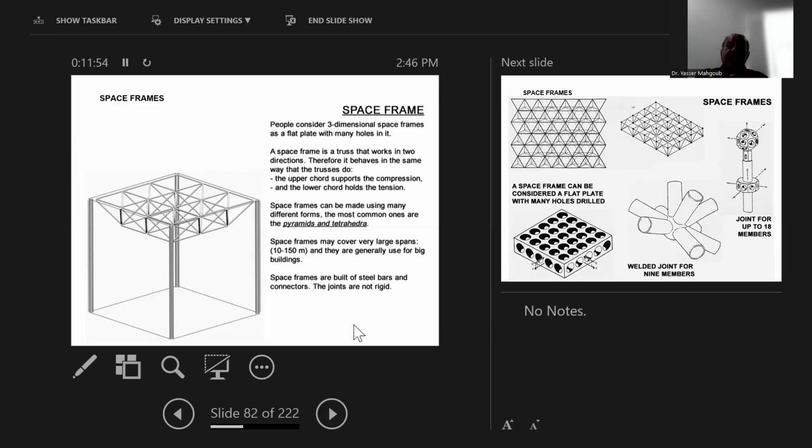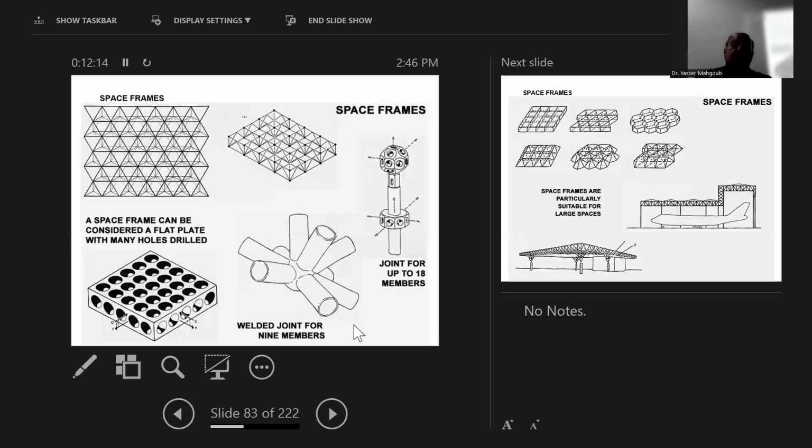The space frames are very light elements that are connected together, and these connections make them rigid enough to cover larger areas with light materials.